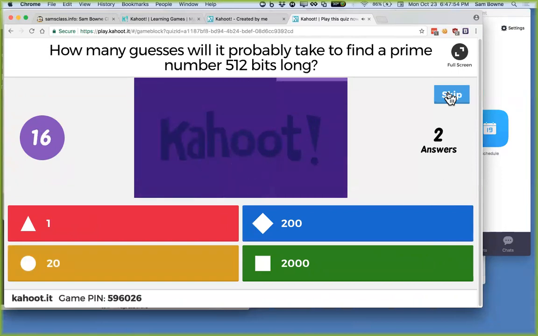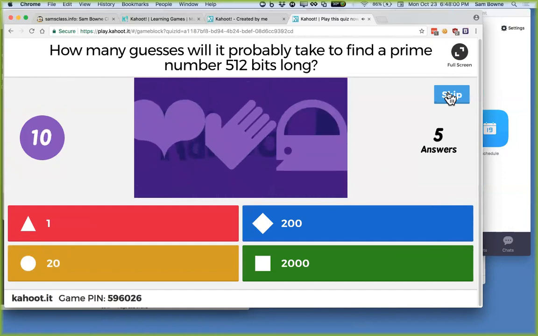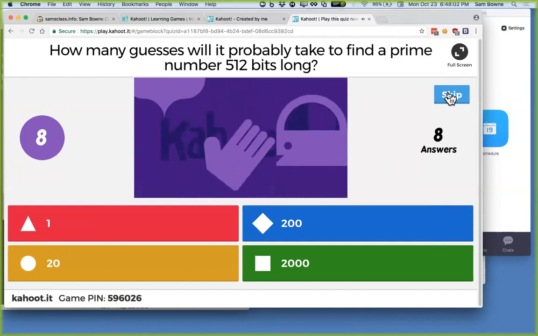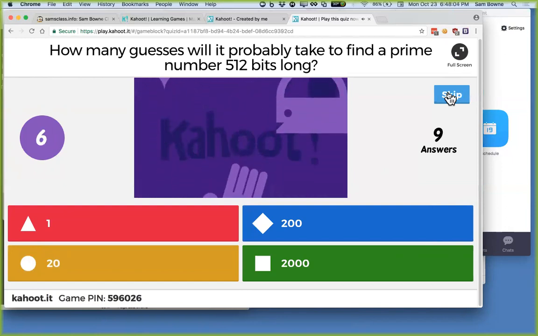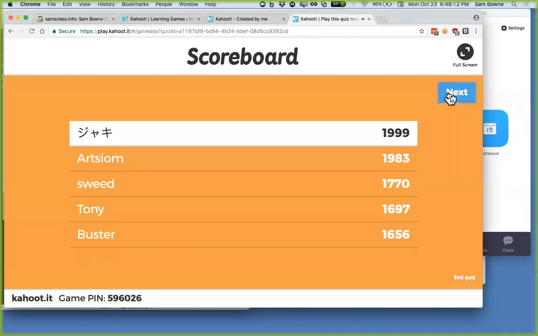So how many guesses will it take to find a prime number 512 bits long? 200? Yep, they're pretty thick on the ground, really.